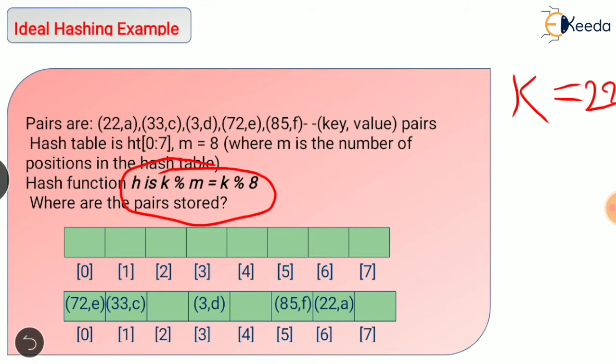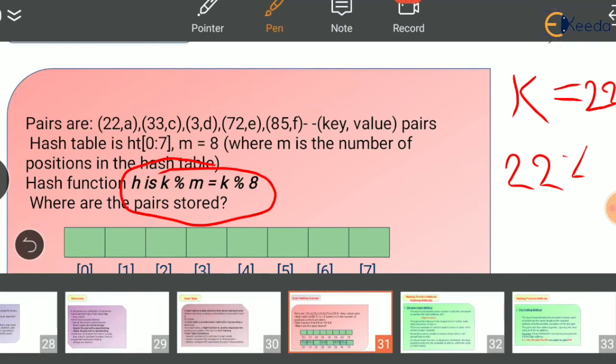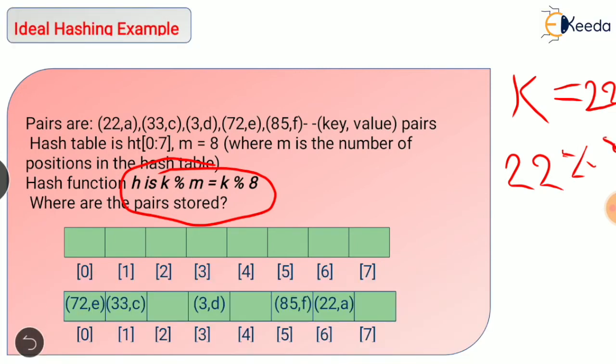So 22 mod 8 is equal to 6. You calculate and verify this value, and as the mod of these two values is 6, because of that we can store the data at the 6th position.